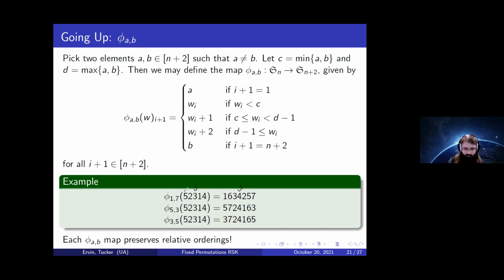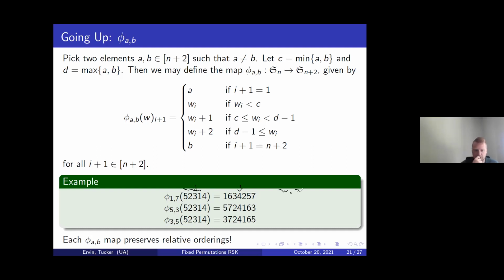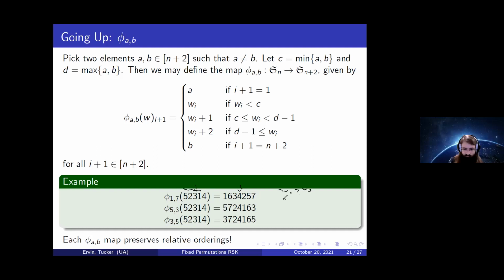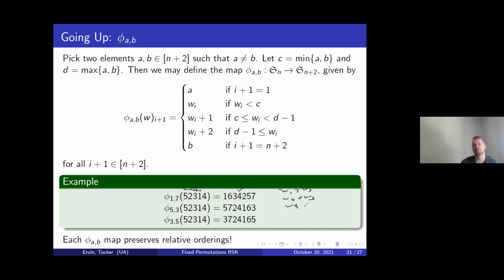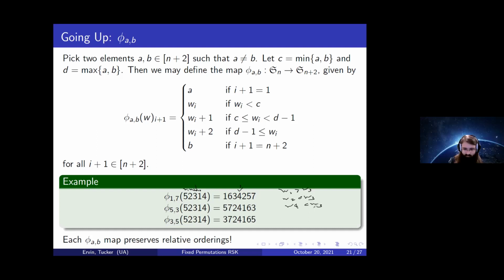So if we label these W1, W2, W3, and so on, we know that W1 is greater than W3, W2 is less than W3, W4 is less than W3, and W5 is greater than W3.